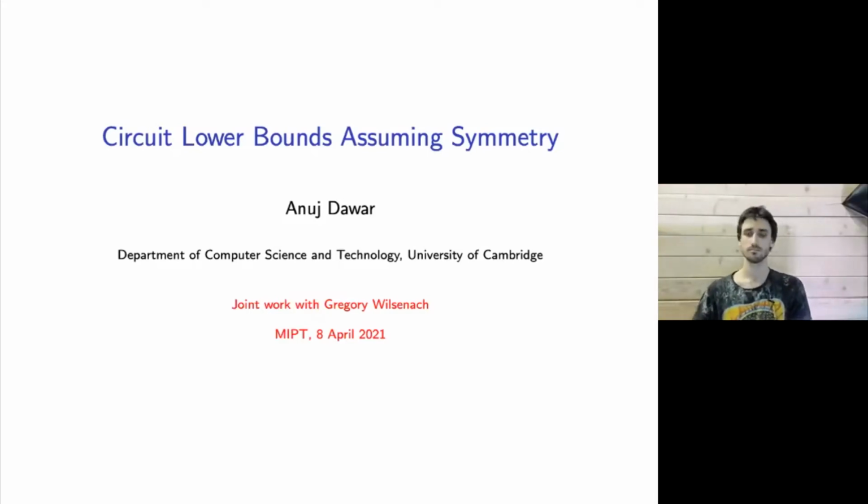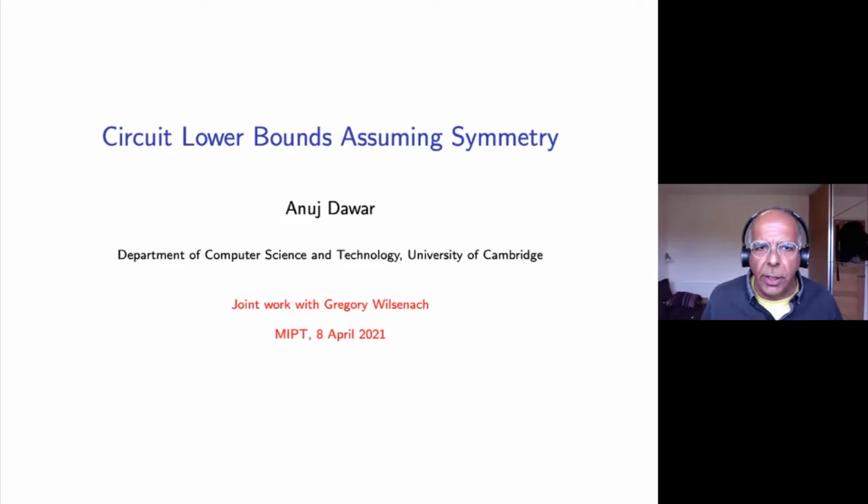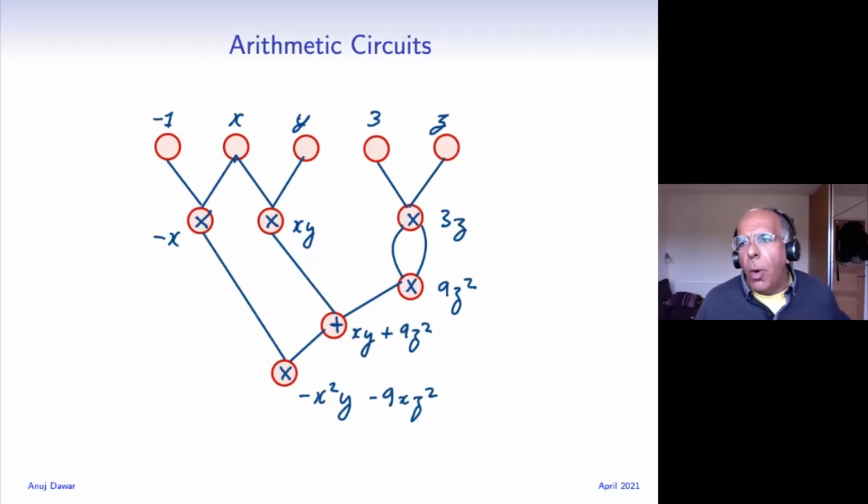So I said symmetric arithmetic circuits. So we'll start with, let's see. An arithmetic circuit is an object which looks a bit like this. You can think of it as a model of computation, or as a formalism for writing down polynomials in a compact form.